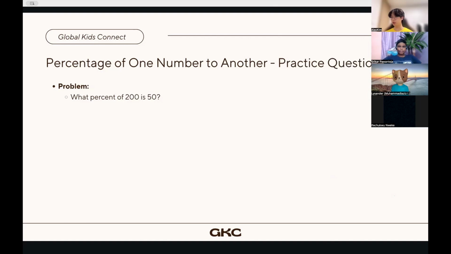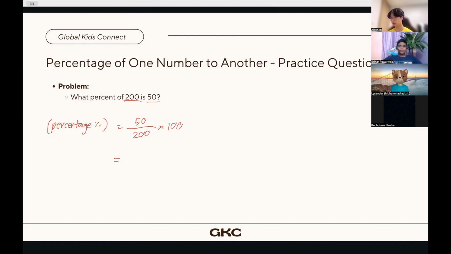Same kind of problem. What percent of 200 is 50? And so we do the same thing. Let's say our percentage of interest is equal to, as always, part over the whole. So for us, the part will be 50 and the whole will be 200. And so we can say 50 over 200 times 100.